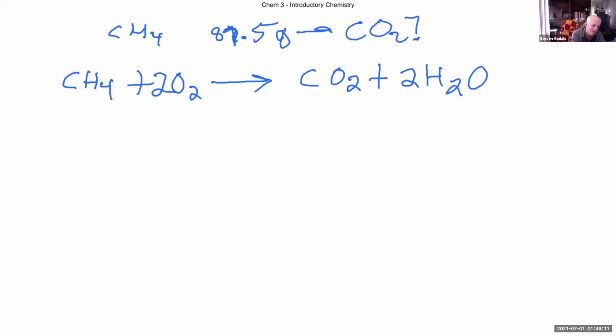Perfect. So it says we start with 87.5. I'm going to put everything here so I never have to look at my words again. I want to know how much, in grams of CO2, I produce. Now everything's right in front of me.